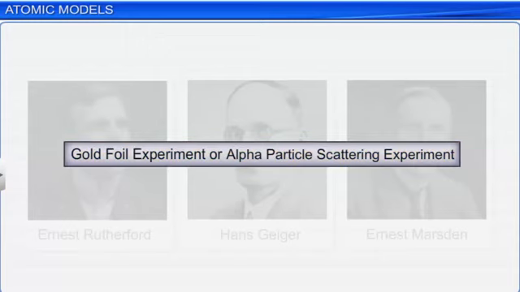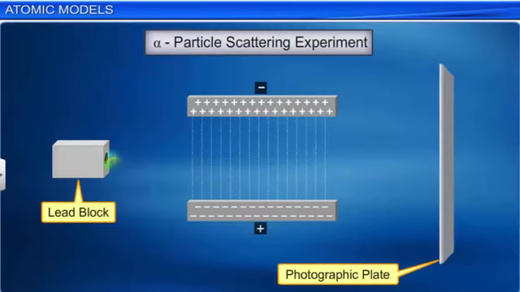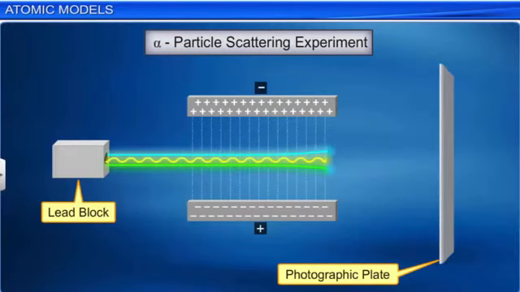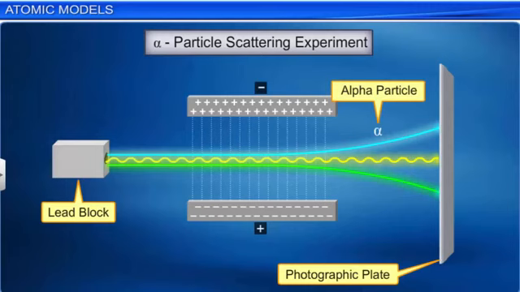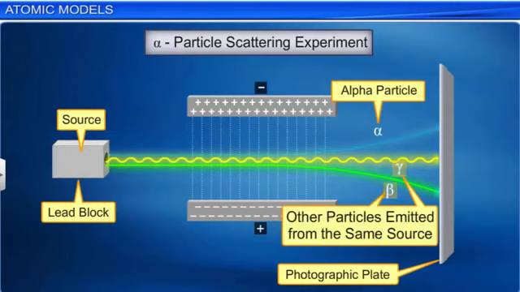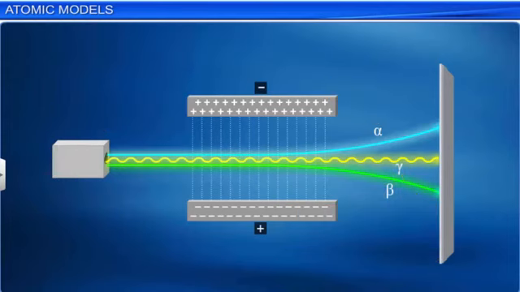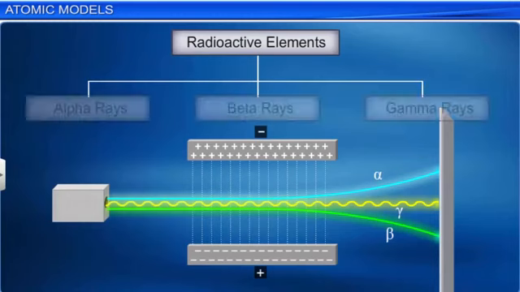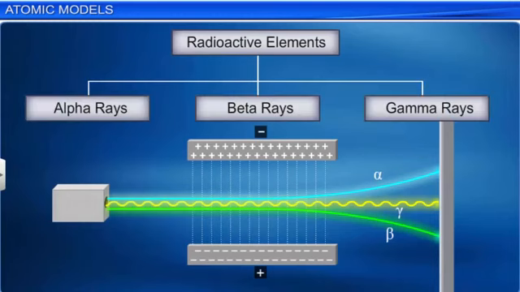Before we proceed to the alpha particle scattering experiment, let us acquaint ourselves with the term alpha particle, its source, other particles emitted from the same source, and their few characteristics. We know that certain elements emit radiation on their own, and this phenomenon is called radioactivity. The elements are known as radioactive elements.